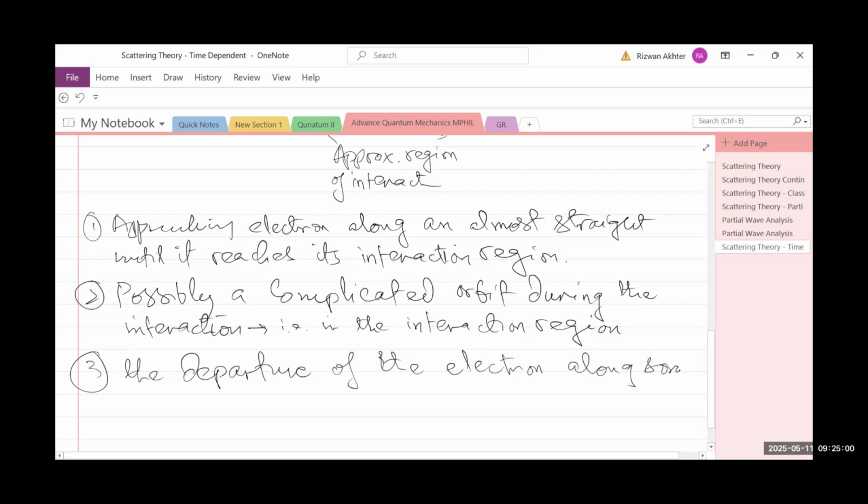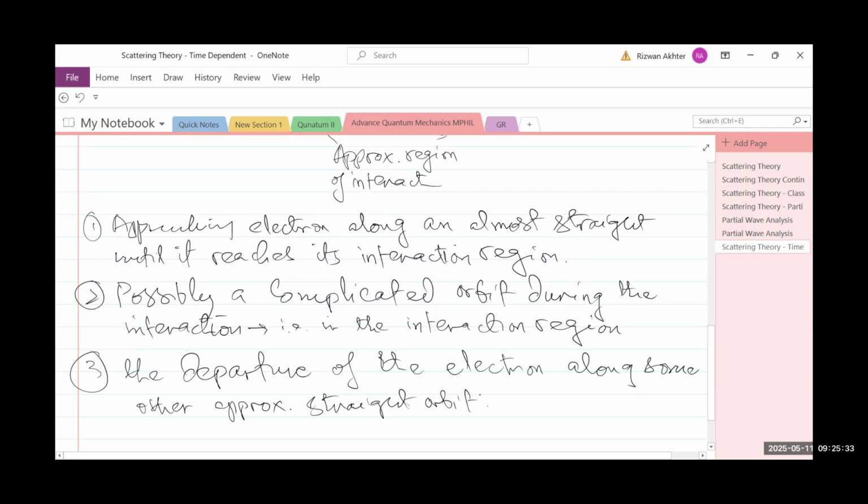And that orbit, at the start, is not straight, but as it moves away from the target, it becomes approximately straight. So these are the three regions which we need to study.